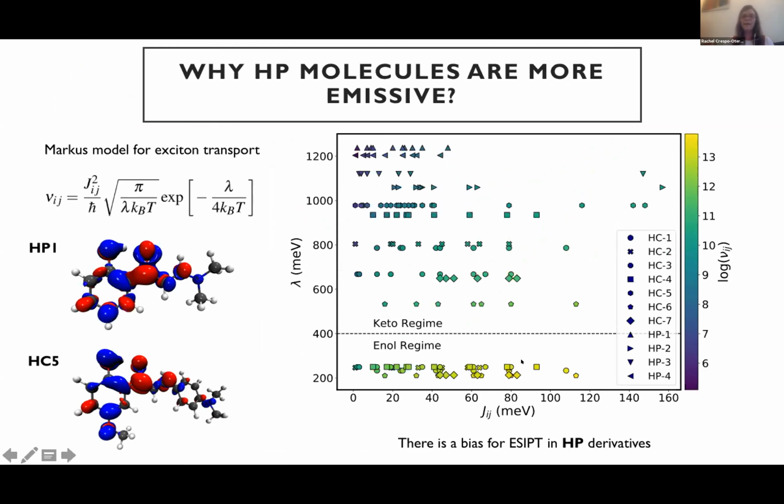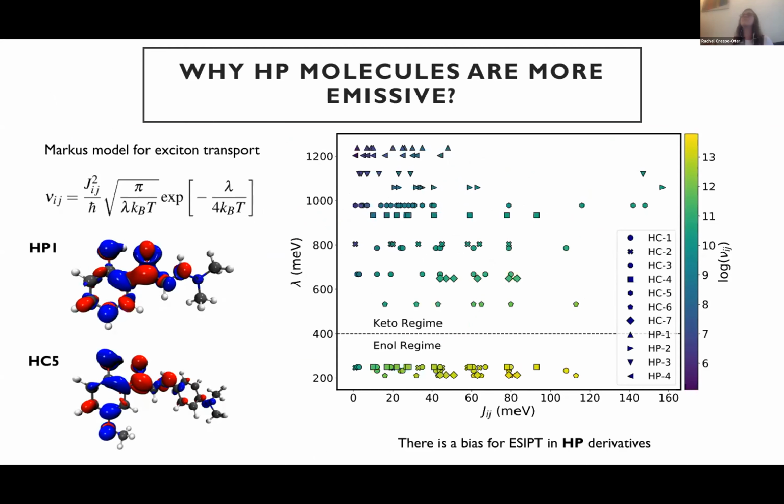You can see that the reorganization energies for the keto forms are much larger than the reorganization energies for the enol form, basically because proton transfer is extremely likely for this system.